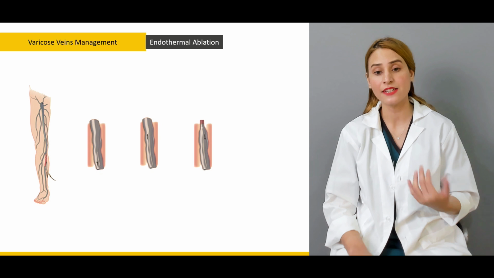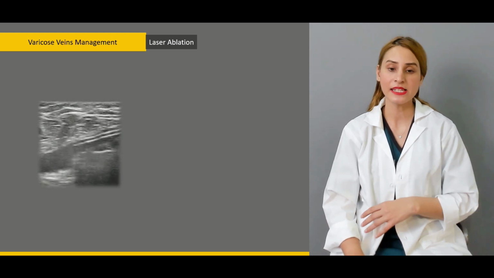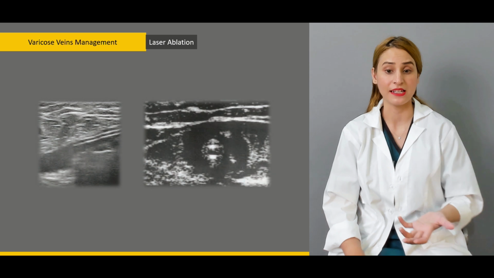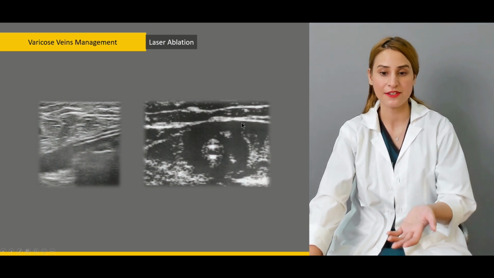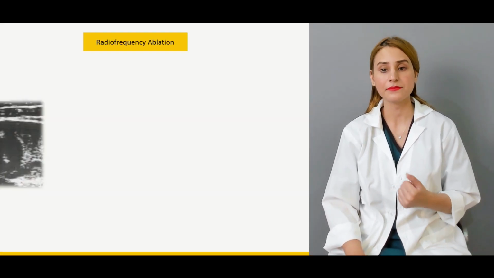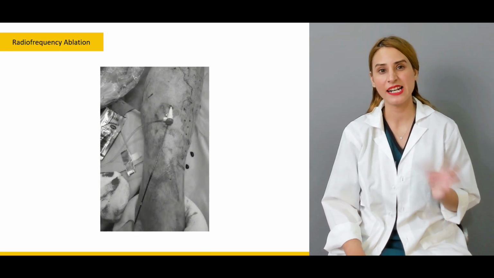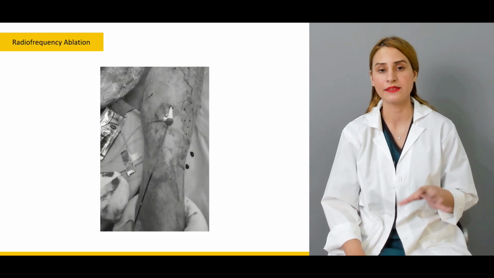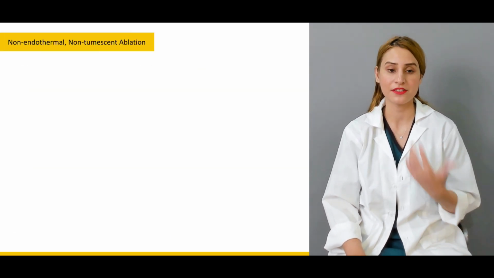You can see it in the diagram as well. Sometimes you can perform this ablation through the endoscope, and sometimes you have to put in the laser. This is ultrasound guided laser ablation, right? And there can be radiofrequency ablation, but these are less commonly practiced management strategies.